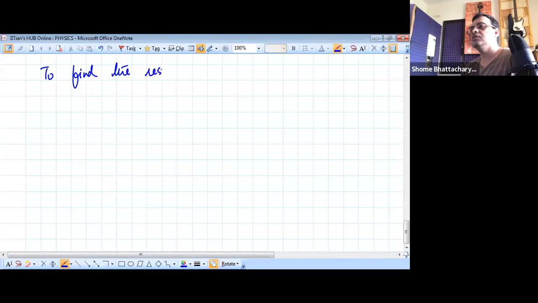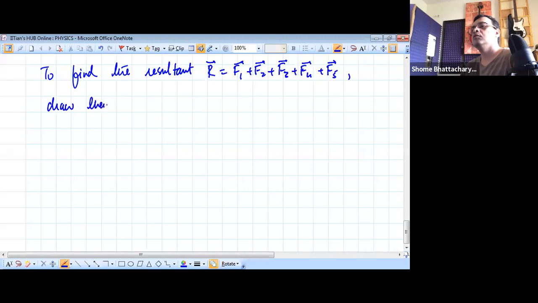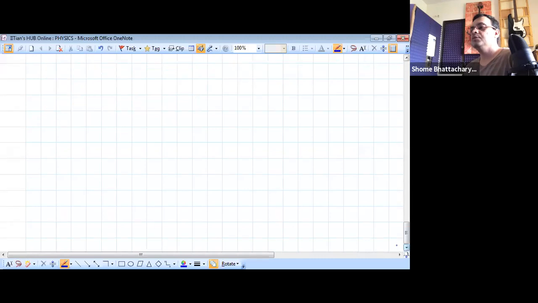So if we were to pick up those vectors drawn earlier and draw them head to tail, let's start with the vector F1.